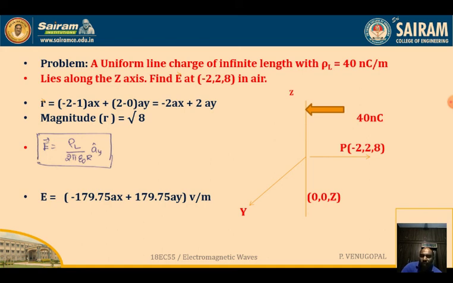R is the distance, which is root 8, and the unit vector is minus 2Ax plus 2Ay divided by root 8. Substituting all these, we get the electric field due to the infinite line charge distribution as minus 179.75 Ax plus 179.75 Ay volts per meter. So this is the problem on the electric field due to an infinite line charge distribution. Thank you for watching this video.